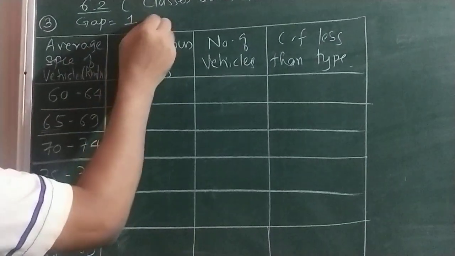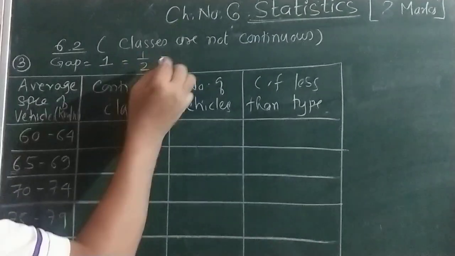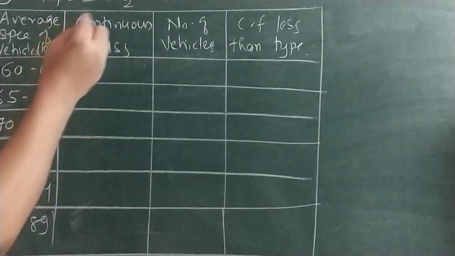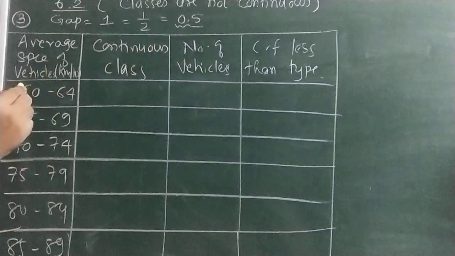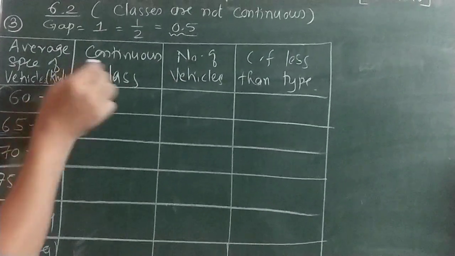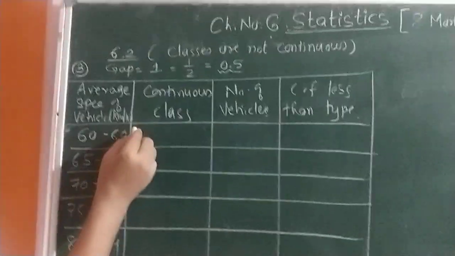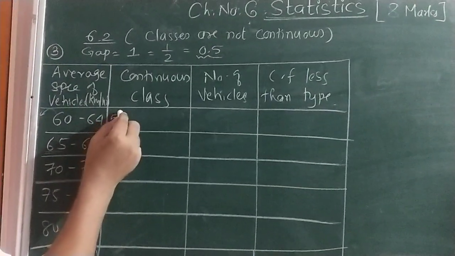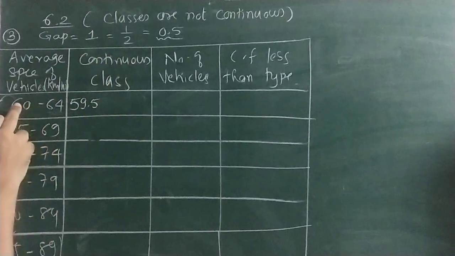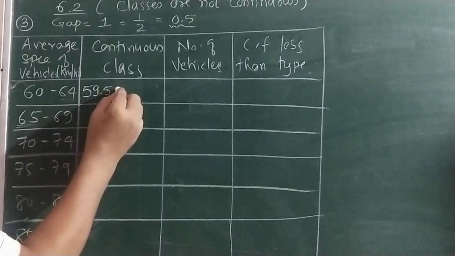Now divide 1 by 2. The 2 is in the formula. So what is 1 upon 2? 0.5. Now 0.5 is a very important number. Subtract this number from the lower limit and add it to the upper limit. So 60 minus 0.5 will become 59.5, like 50 paisa: 60 rupees minus 50 paisa is 59 rupees 50 paisa. So 59.5.